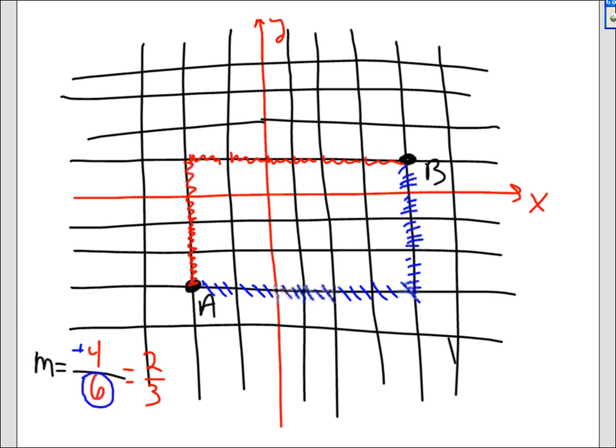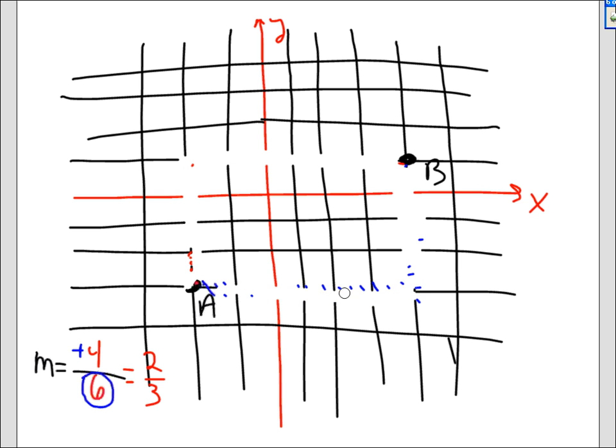And there's your 4, plus 4. And that still reduces to 2/3. That's one way you could have gone. But there's many, many others. Okay, so those are the 2 natural ways of going from A to B.